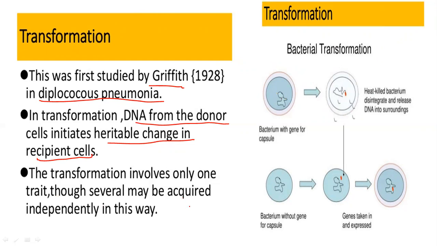When the transformation of the material is done, it means that the material is transferred to the other cell. When bacteria die or when they are reproducing very rapidly, they release fragments of their DNA into their immediate environment, and these DNA fragments are taken up by other bacteria by means of diffusion.